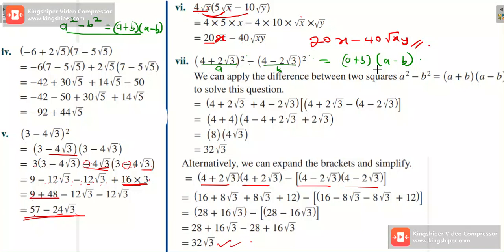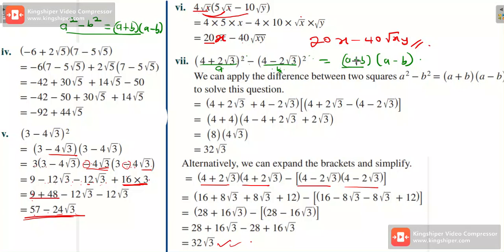Now we know that a plus b, our a is the 4 plus 2 root of 3, and our b is the 4 minus 2 root of 3. So we are going to have a plus b, which is going to be 4 plus 2 root of 3 plus the b, which is 4 minus 2 root of 3. That is for the first part. Then you bring another bracket.